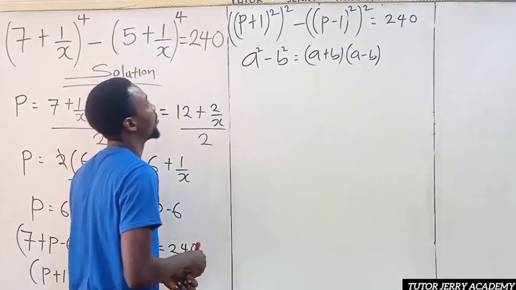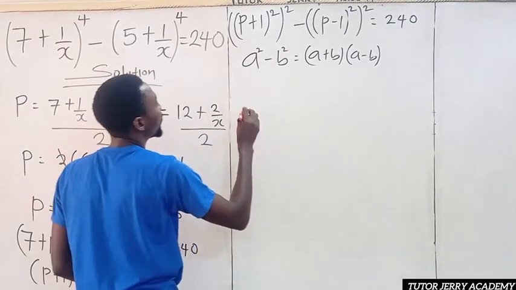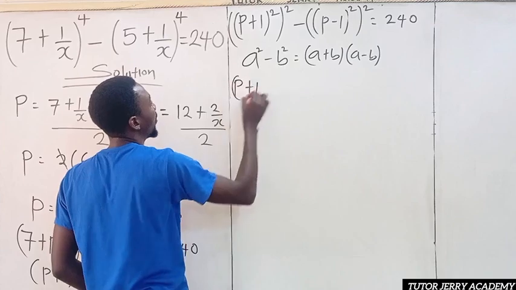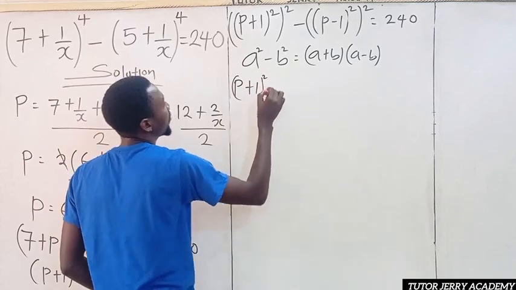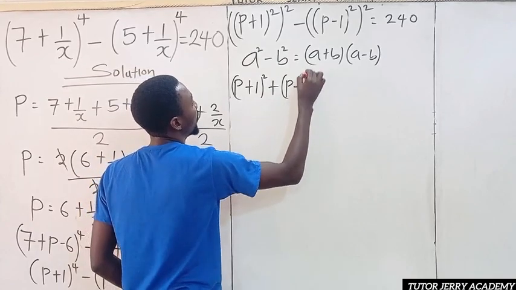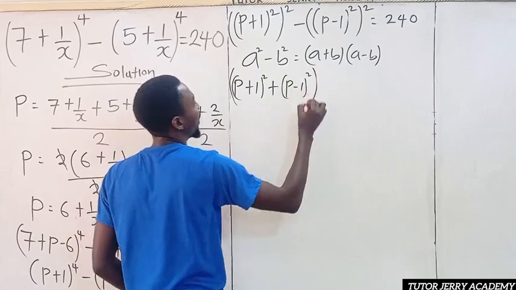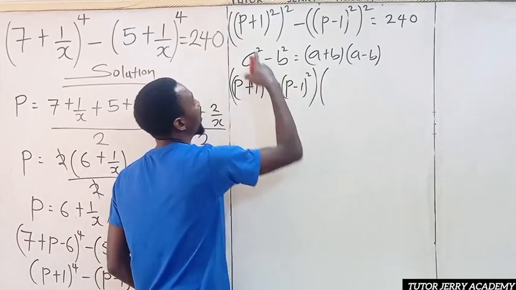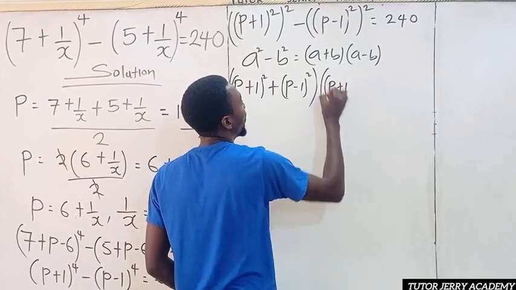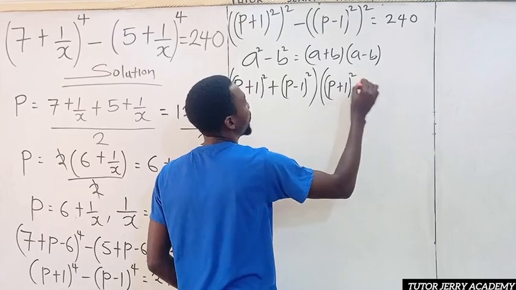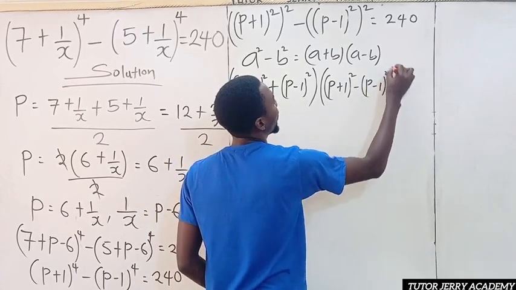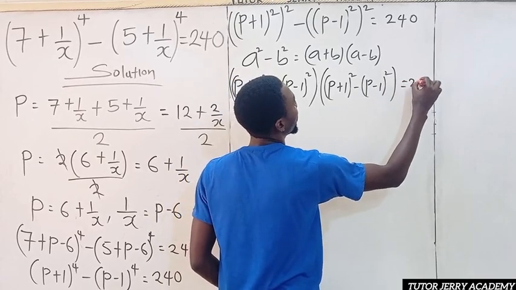So rewritten, it's ((p + 1)^2 + (p - 1)^2) times ((p + 1)^2 - (p - 1)^2), everything equals 240.